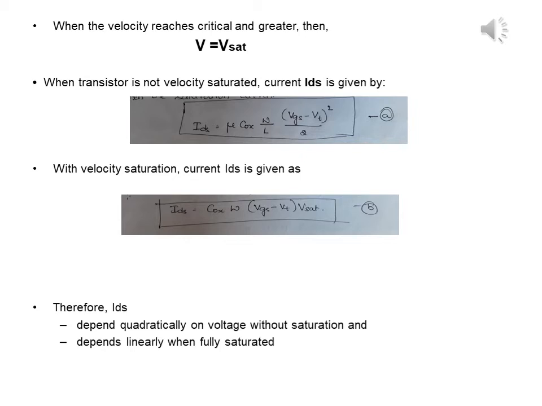When the transistor is not velocity saturated, IDS is given in equation A, and with velocity saturation it is given in equation B. By observing these two equations, we can say that IDS depends quadratically on voltage without velocity saturation and linearly when fully velocity saturated.